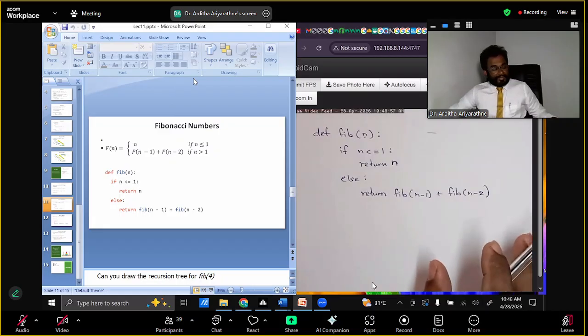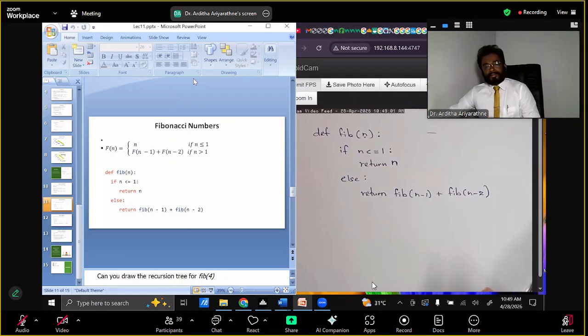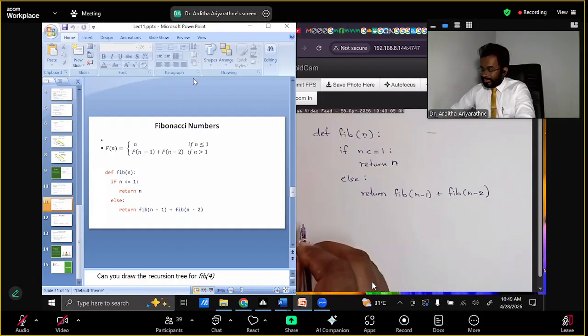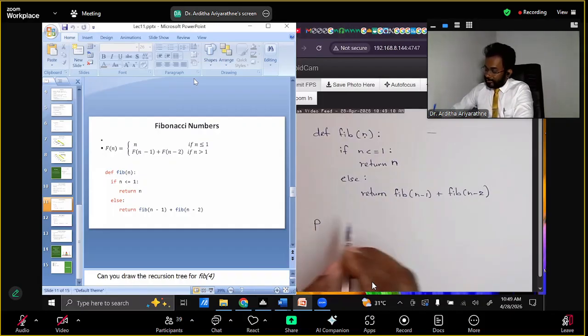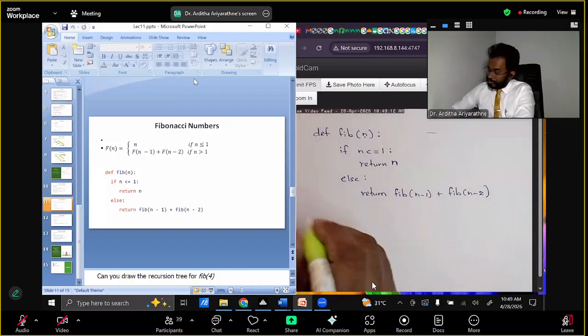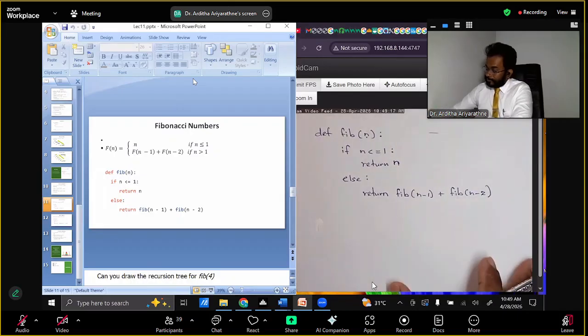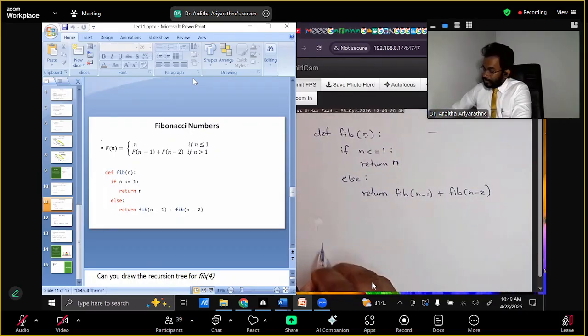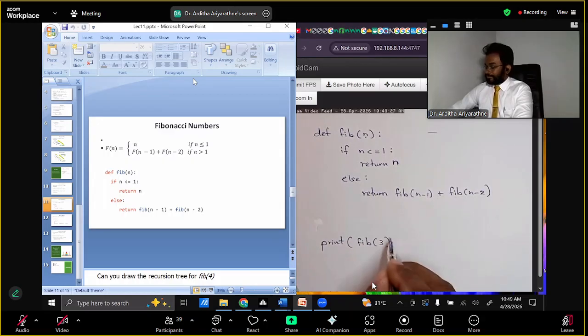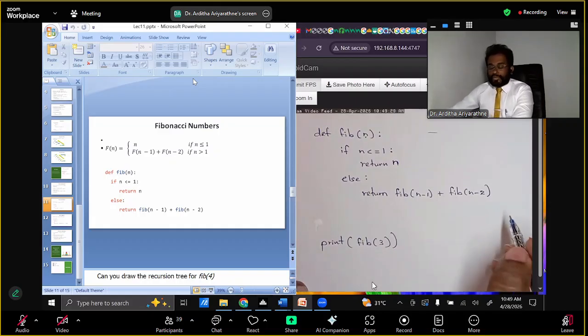Let's try this with a small value. Now I am going to call this with print. Inside print I am calling fib 3. Now I am going to find Fibonacci 3.